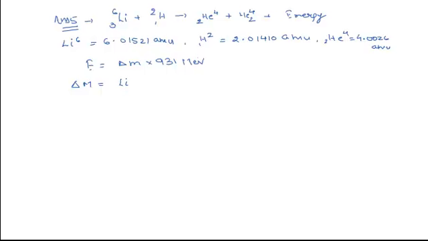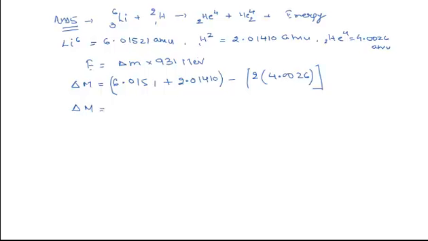So let's see this. It is 6.0151 plus 2.01410 minus, it should be 2 multiplied by 4.0026. So what will be our delta M equal to?